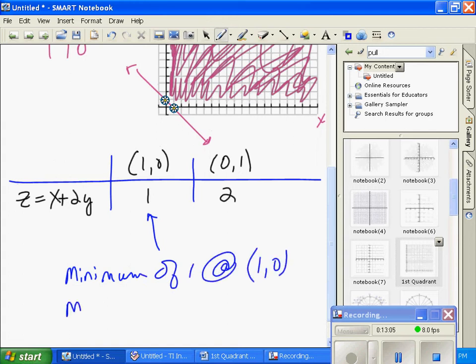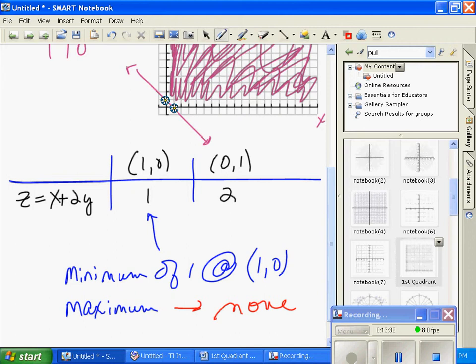But a maximum, I don't want to say it does not exist. We don't have a maximum. Maximum, none. Okay, it's just going to go on forever and ever. You're always going to find a bigger point since those x and y values can go to infinity. So we just have a minimum value on this one.